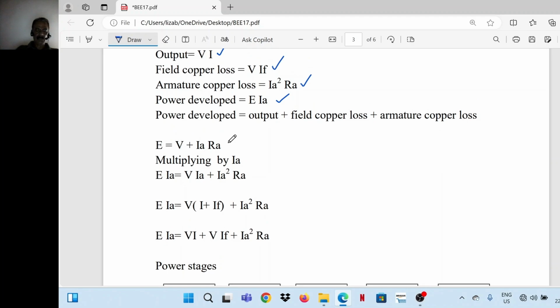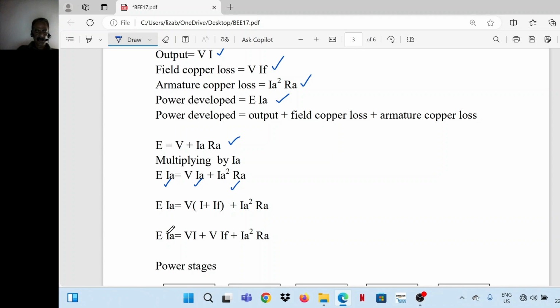So this we can prove from this relation also. That is, we know the equation E is equal to V plus IARA. We multiply this equation throughout by IA, we'll get E into IA is equal to V into IA plus IA square RA. Now, another relation is that IA is equal to I plus IF. So substitute for IA in this equation as I plus IF.